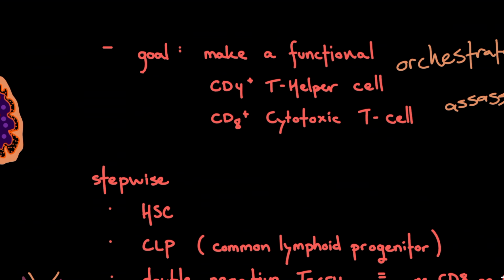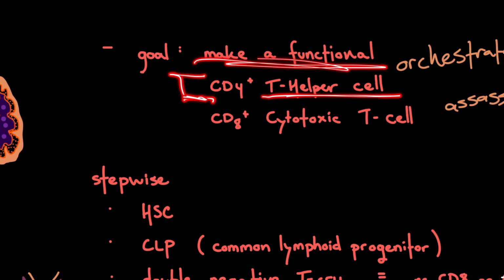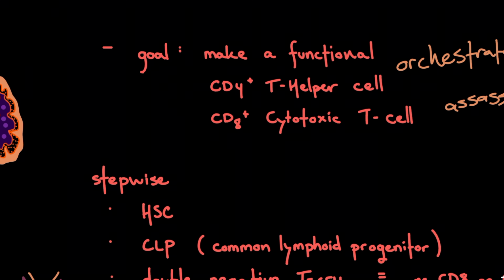So the goal of T cell development is making a functional CD4 positive T helper cell or a CD8 positive cytotoxic T cell. I said I was going to do my best to eliminate receptors and algebra-looking stuff from the class, but there's some that I cannot remove, and there's going to be a couple this unit.